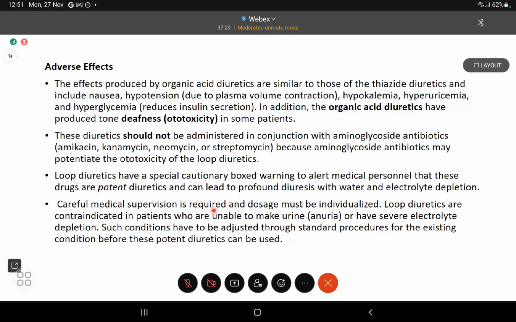That's why they want to highlight that you need to observe the patient's condition time by time in order to prevent any unwanted side effects.